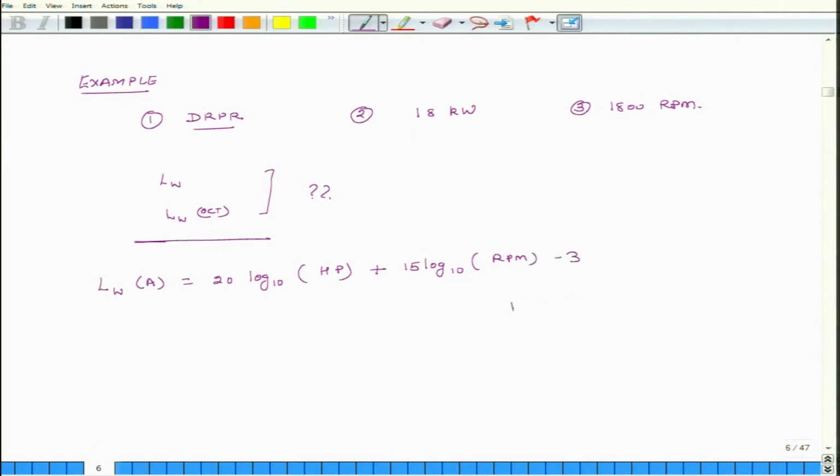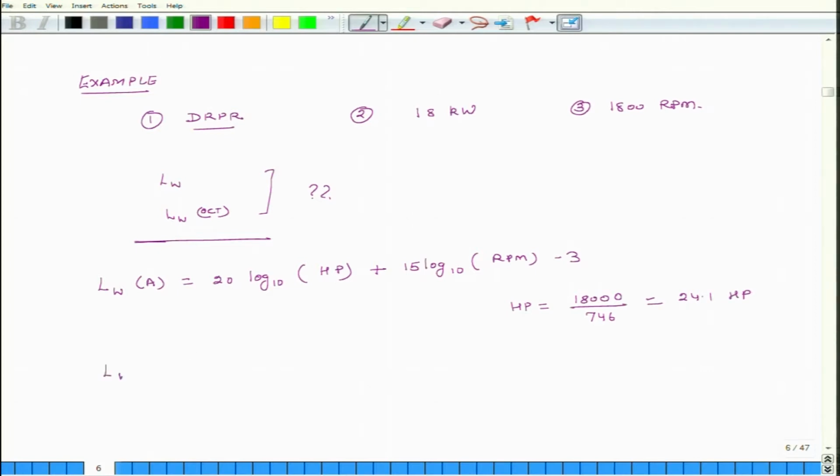Now, the horsepower of the motor is what? It produces 18 kilowatts, and we know that 1 horsepower equals 746 watts. So, 18,000 divided by 746 comes to 24.1 horsepowers.